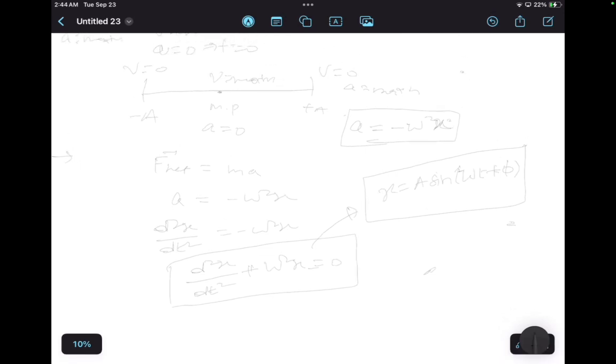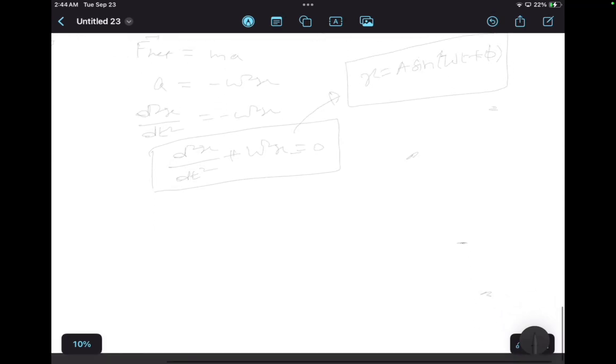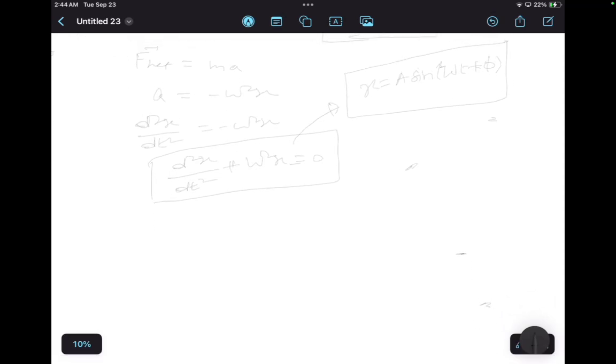Now I am giving a brief idea of how we are going to derive this. At first we know that we can write acceleration as v dv upon dx, which is nothing but minus omega square x. If we solve from there, then we get v equal to plus minus omega under root a square minus x square.